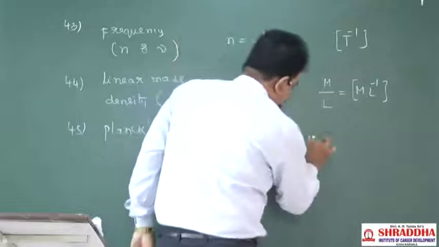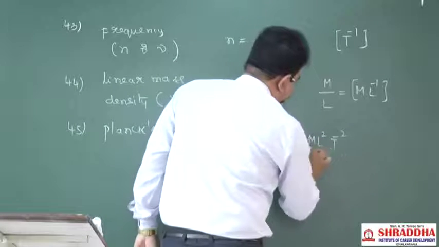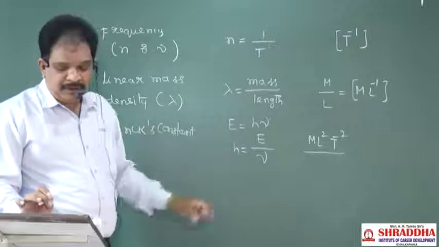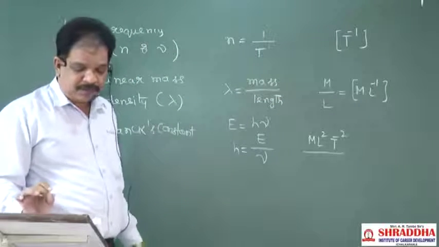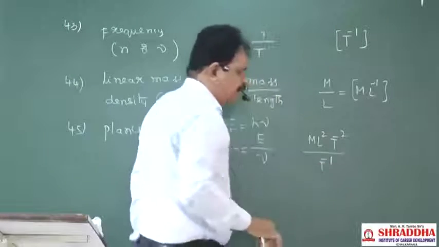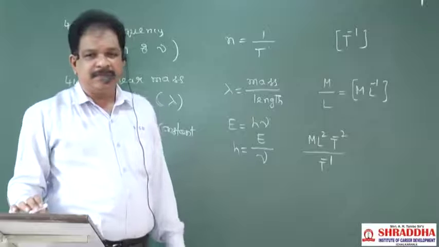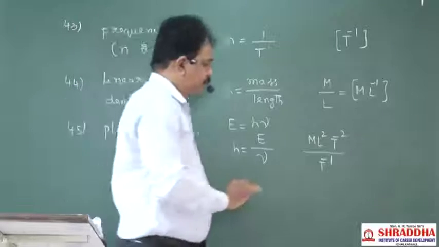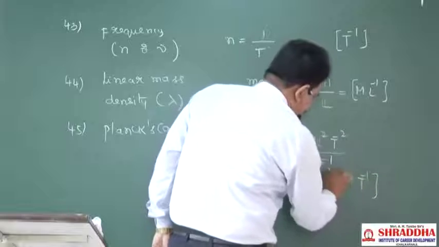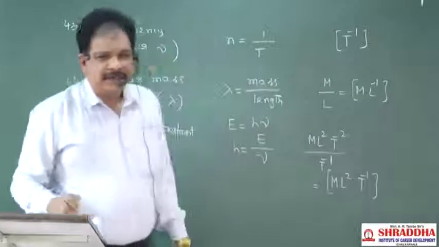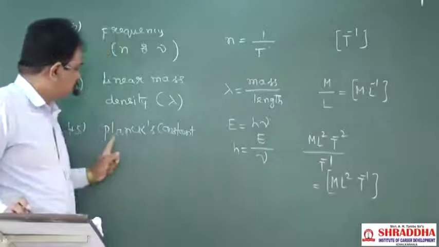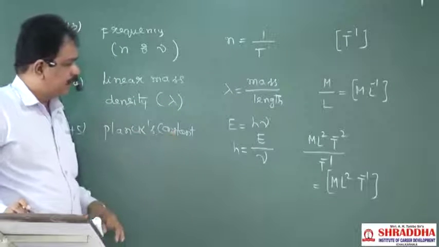Energy dimensional formula is M L square T power minus 2. Nu, the frequency, has dimensional formula T power minus 1. So one T power minus 1 will cancel, giving M L square T power minus 1. That is the dimensional formula of Planck's constant.